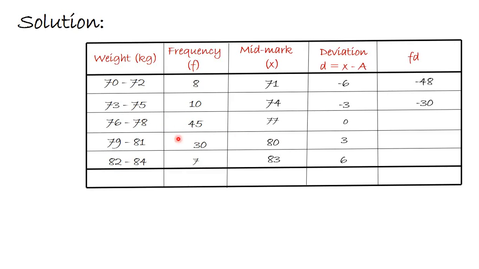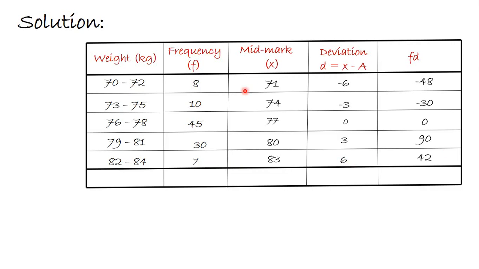Let's work together. We have 45 times 0, that is 0. Then we have 30 times 3, it's 90. Then lastly we have 7 times 6, and that is 42. Yeah, so there we are.